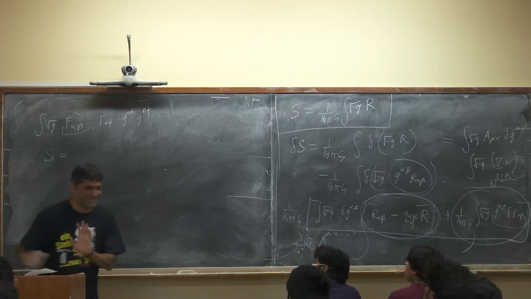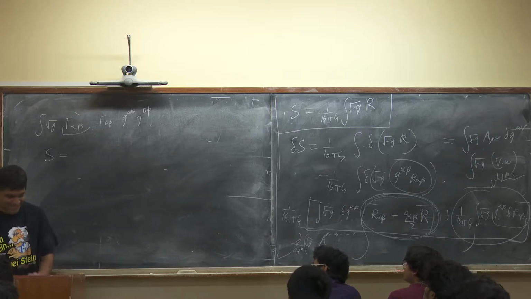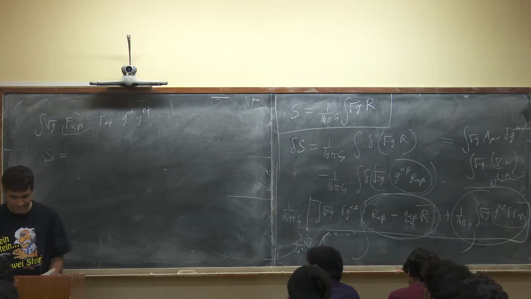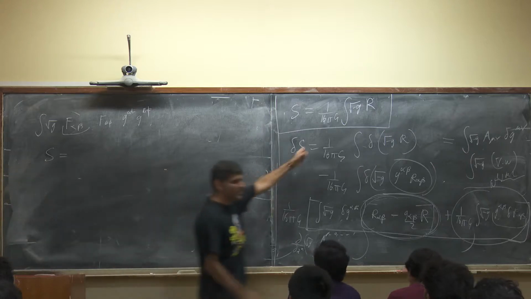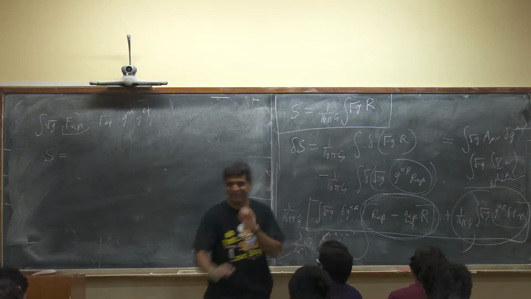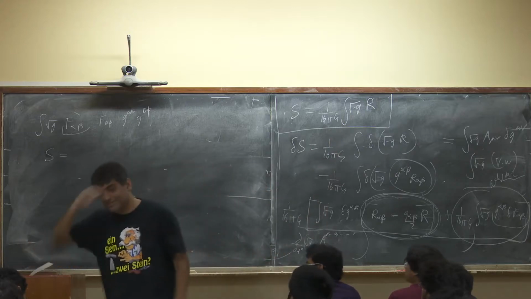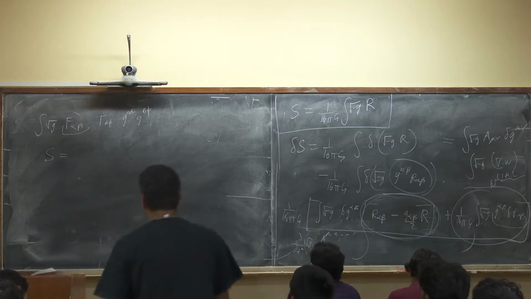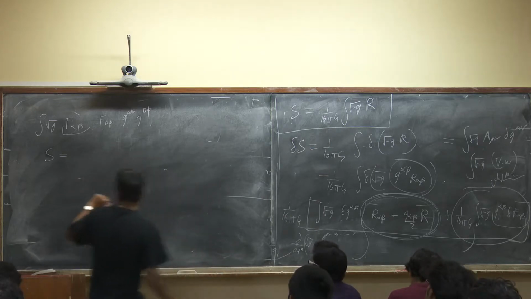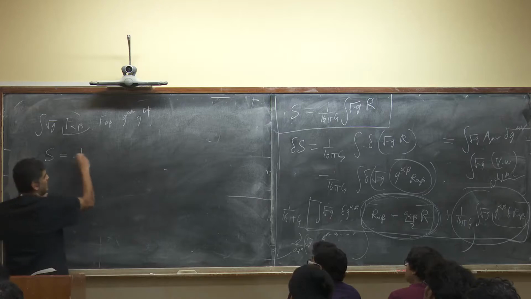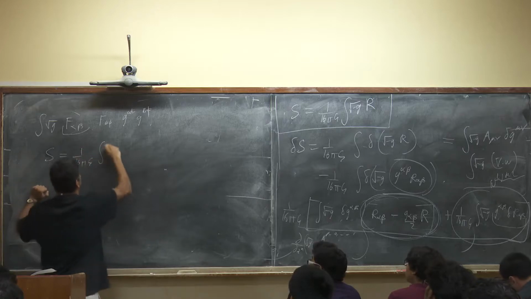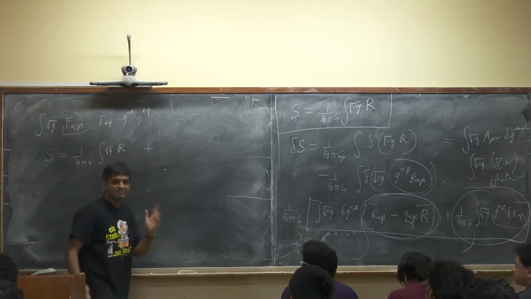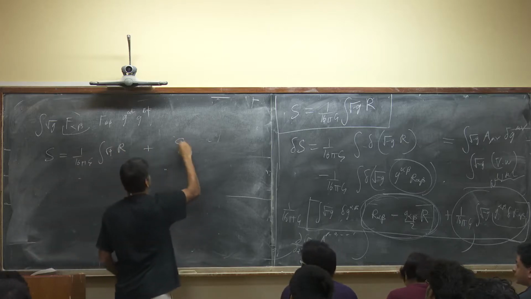That's an absolute principle. Give me one minute. I'll check this carefully, whether it's plus or minus, because Landau uses a different signature convention. Okay, so we've got 1 by 16 pi G square root g times R plus, let's say, something else. Whatever that thing is, let's call it S matter.